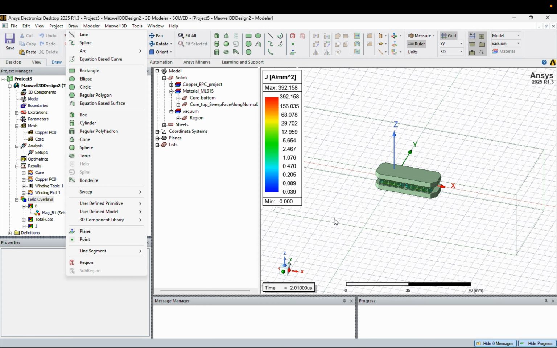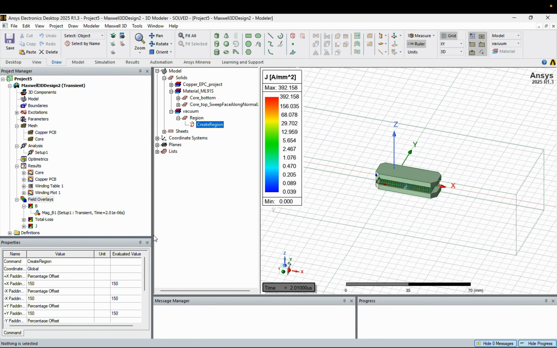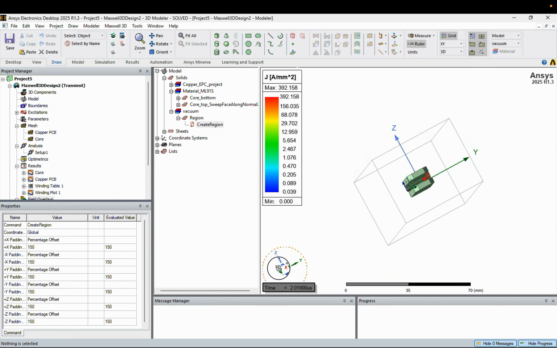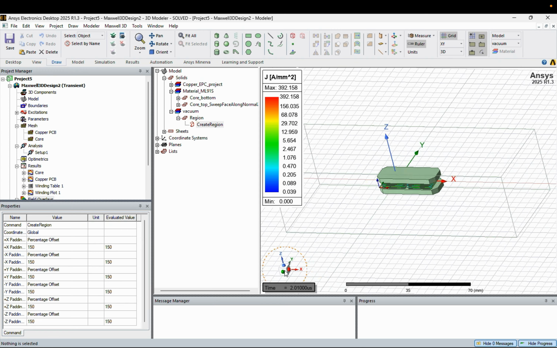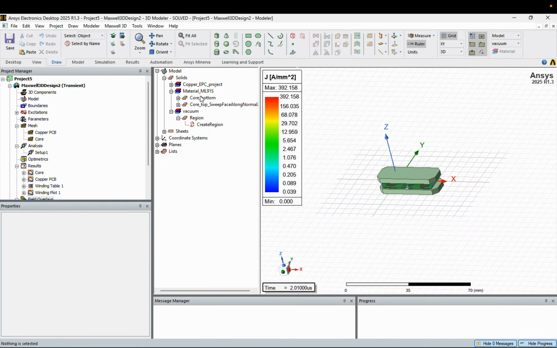Once you click on this region, you can just draw it and adjust the padding. I just put it as 150, 150, 150, 150, and make sure the core and everything is inside this. Let me just hide this one.